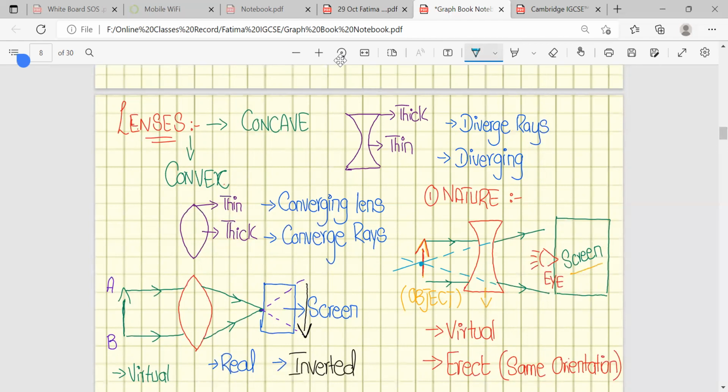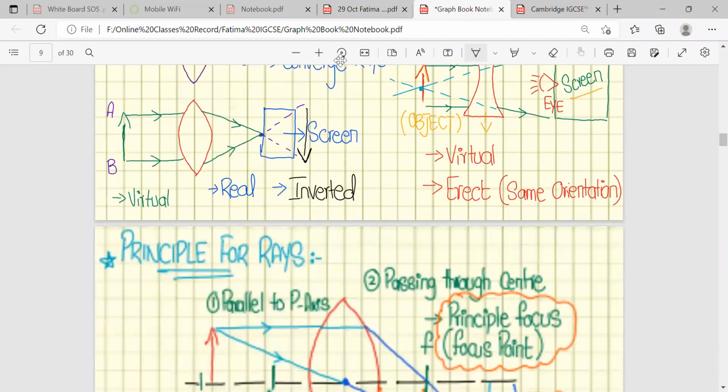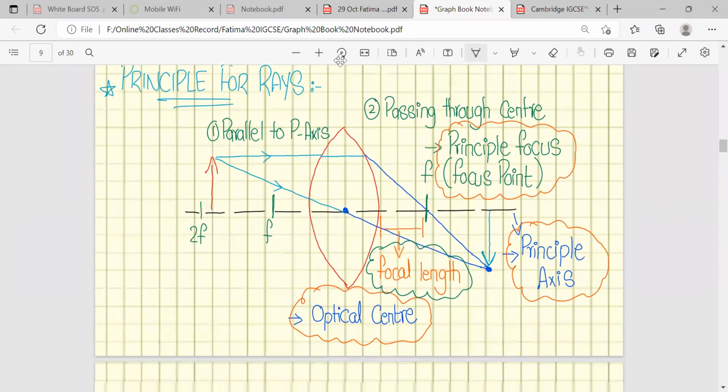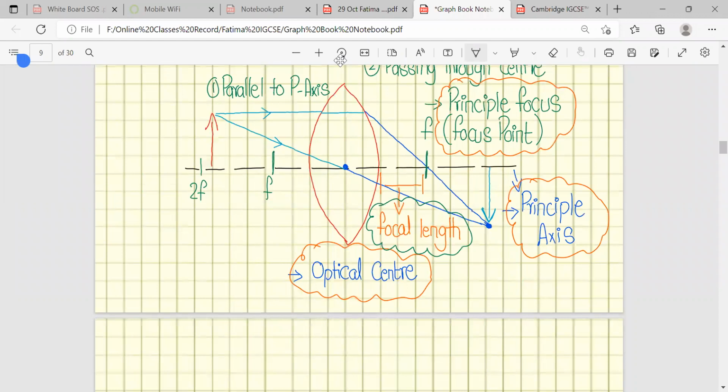So we just draw these lines to find the focal length of the concave lens, right? That's why we get an erect image, with the same orientation, in a concave lens, and an inverted one in the case of a convex lens, because from the ray diagram it is clear that the image of the object will be inverted, upside down. So this is the basic concept of image formation in concave and convex lenses.